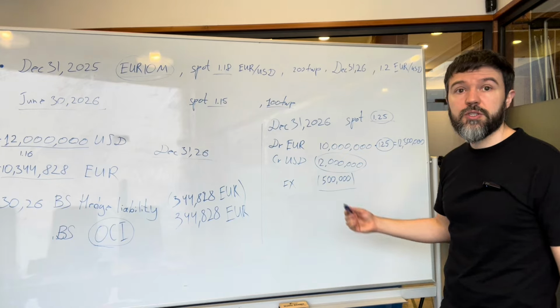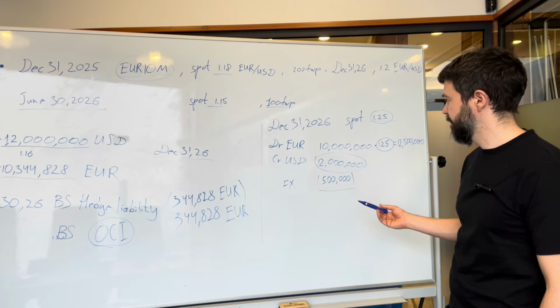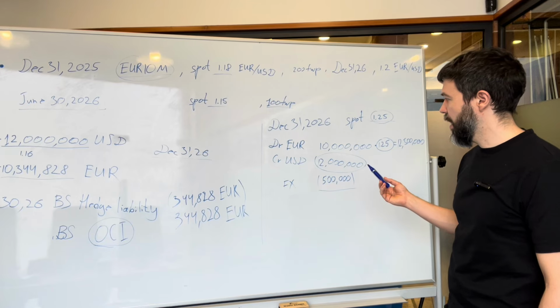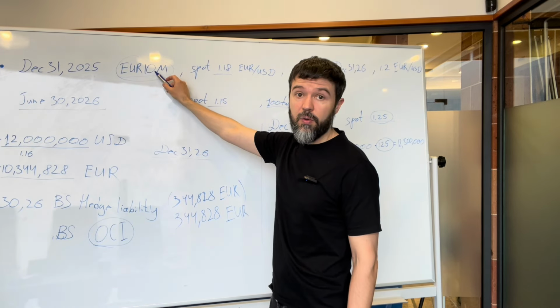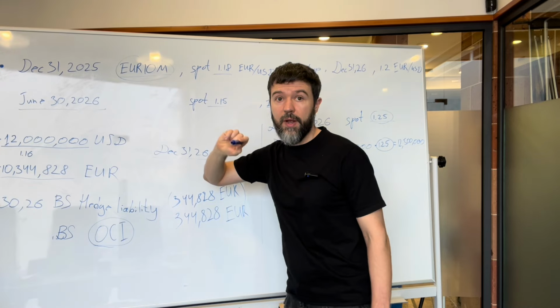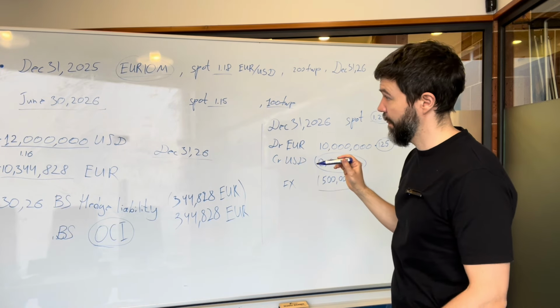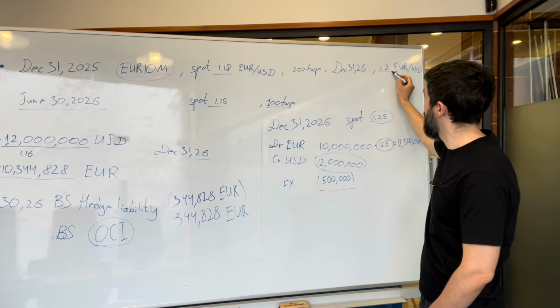You have to do an additional entry to complete your hedge accounting. At the beginning, you committed to that 10 million euros to make your operating expenses fixed at the level of 1.2.